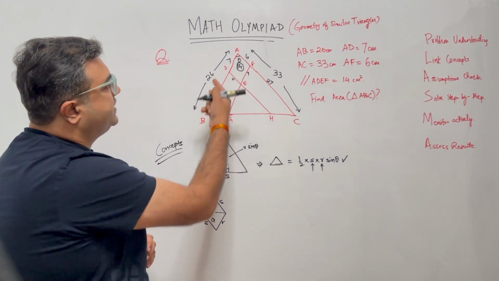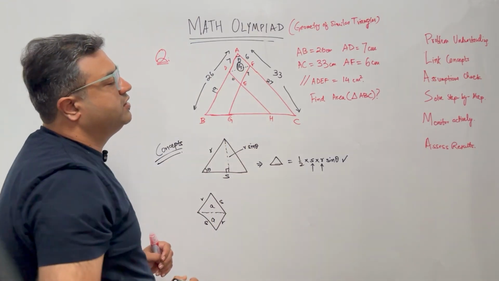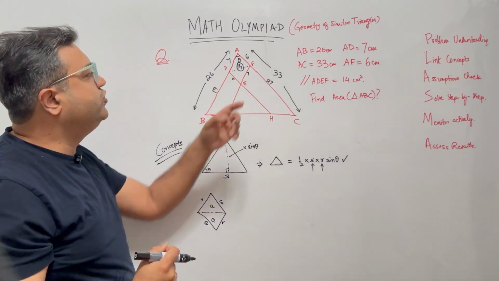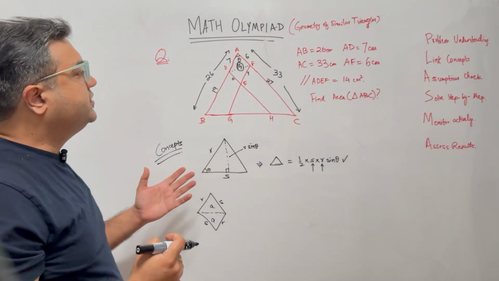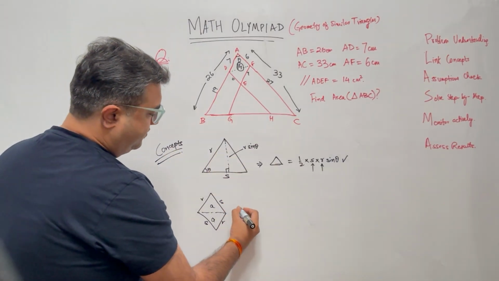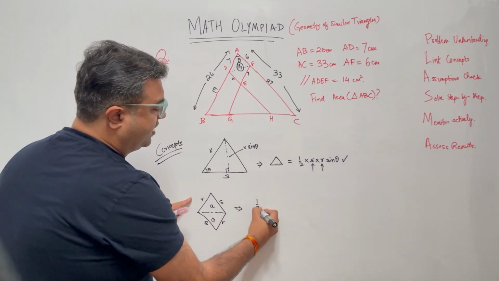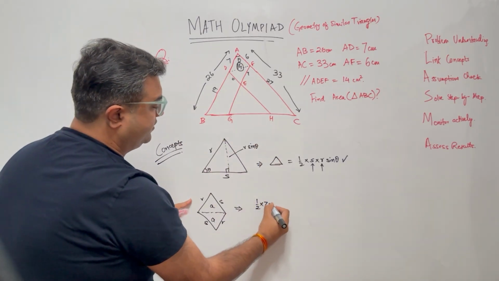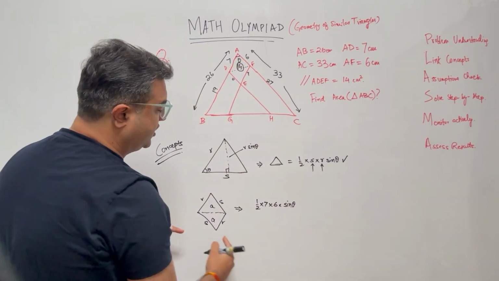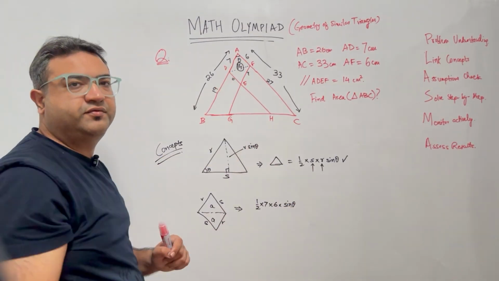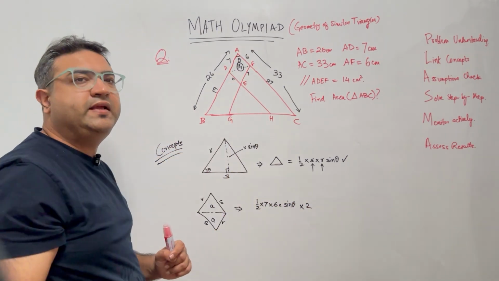In this case, that is a diagonal from D to F. The area of this will become half into 7 into 6 into the sine of theta. So this is the area of ADF. When we multiply it by 2, we get the area of ADEF.